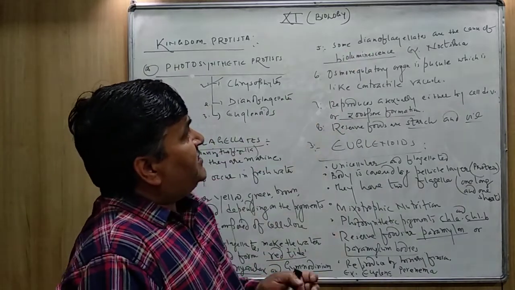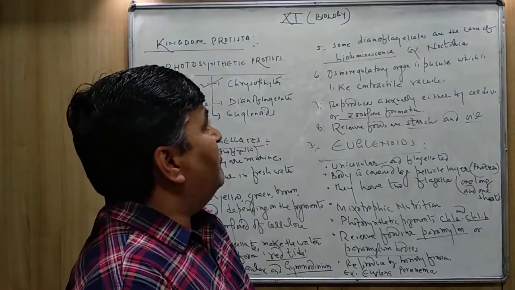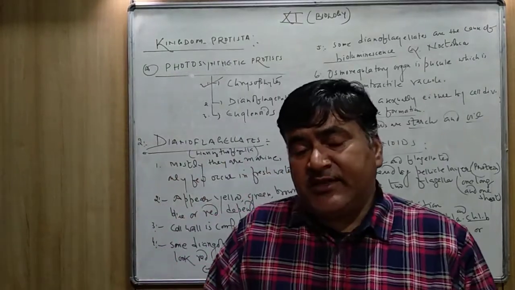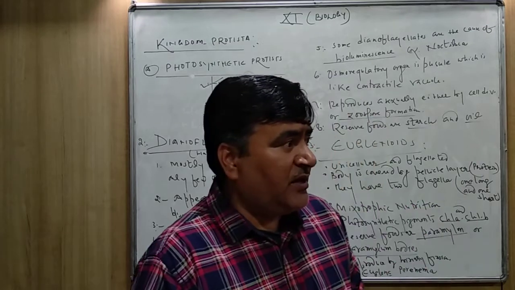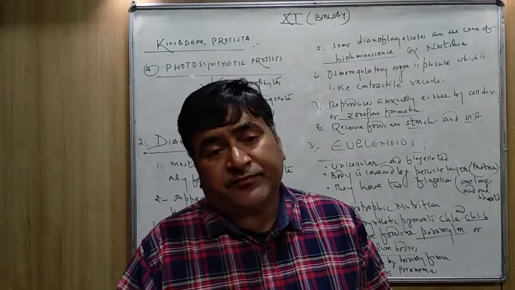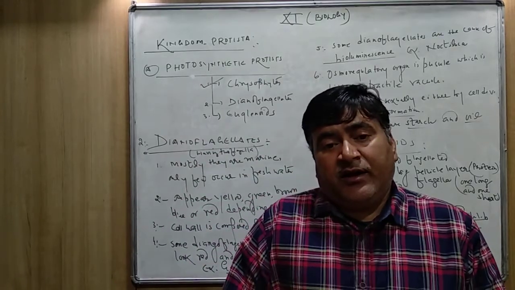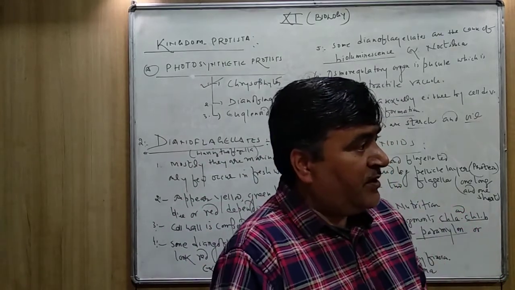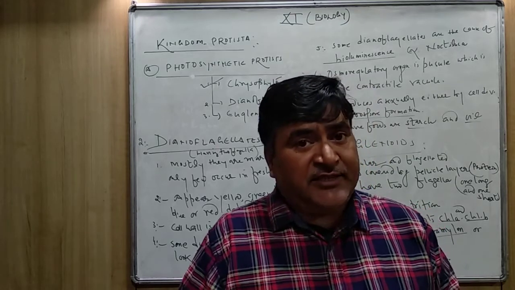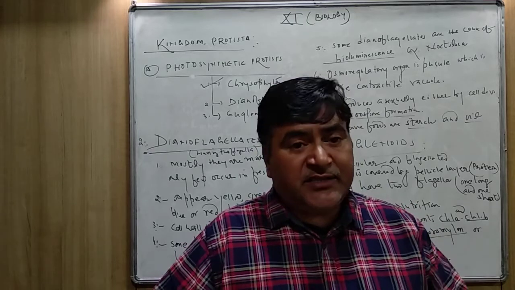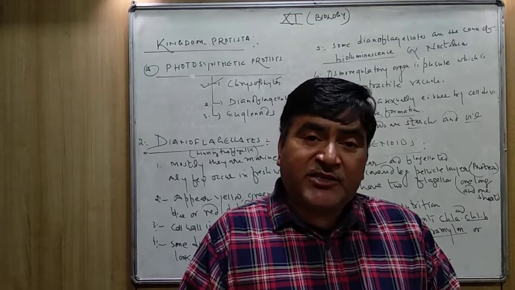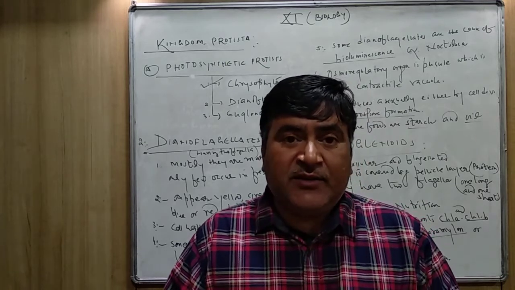Some of the dinoflagellates are the cause of bioluminescence. What do you mean by bioluminescence? Bioluminescence is the emission of light. You can remember the firefly. As you know, the firefly is a kind of insect and it has the tendency to emit light, and this process is called bioluminescence.